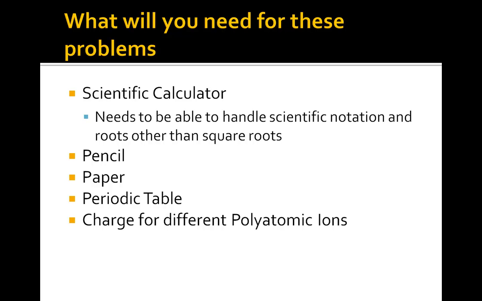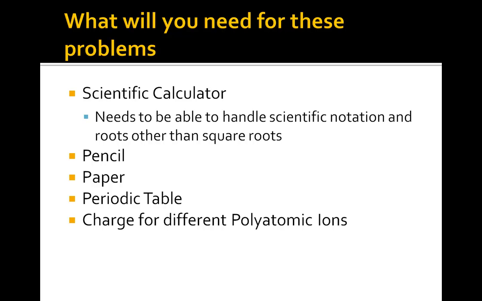Now, I always like to begin some of these that are intense, like the solubility products can be, by letting you know what items you're going to need for these problems. You'll need a scientific calculator that can handle scientific notation and roots other than square roots, like cube roots and fourth roots. A pencil. You can use pen, that's fine, but I recommend pencil just so you can erase if you make a mistake.